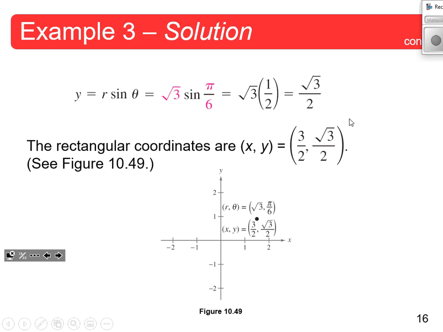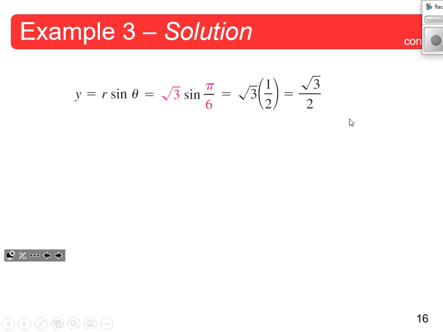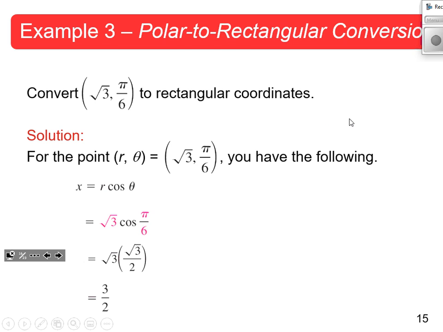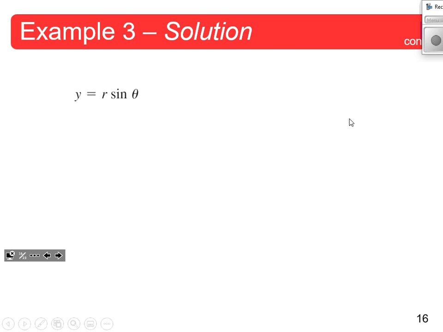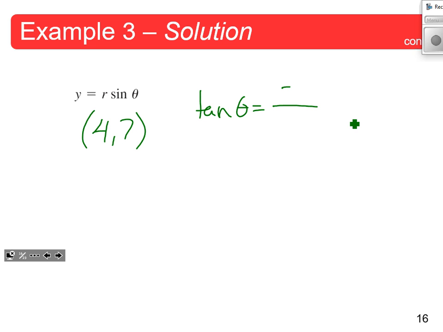Now, if we're going the other direction, we're just plugging in for y, x, and r. If we said the point 4, 7, well, if I want the angle, tangent theta is 7/4, we can take tangent inverse and it gives me my ugly decimal.